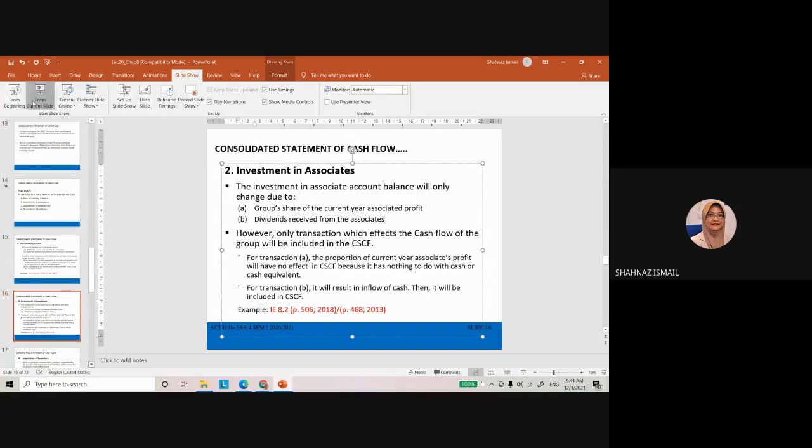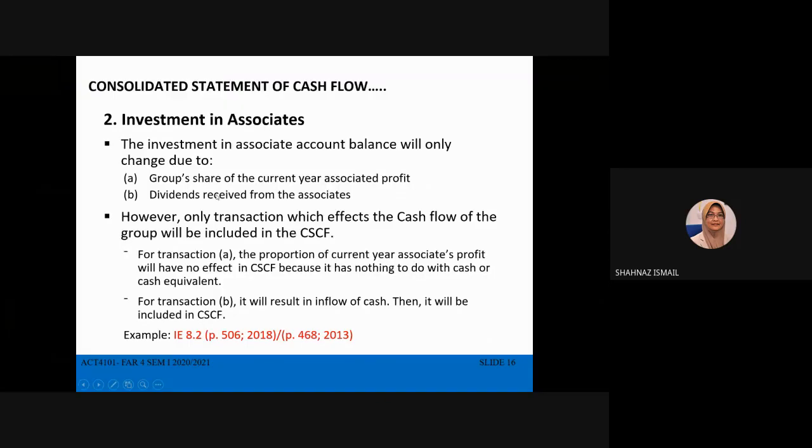Alright. So, however, only transaction which affects the cash flow sahaja akan kita masukkan di bawah console cash flow. Sama juga seperti NCI tadi. So, between these two, yang mana yang melibatkan cash flow? Yang melibatkan cash flow is only the dividend. So, transaction B, it will result in inflow of cash. Okay, so then it will be included in console statement of cash flow.